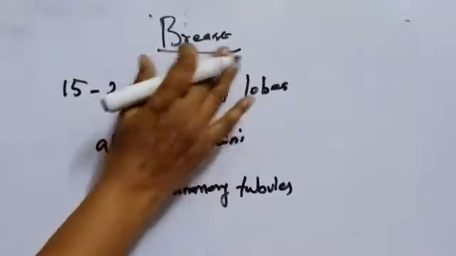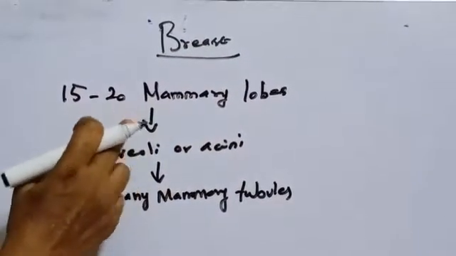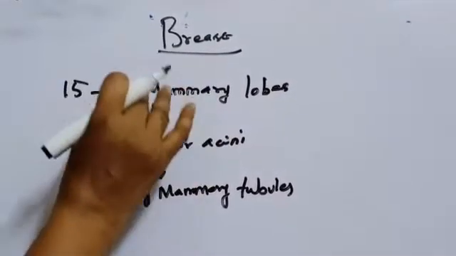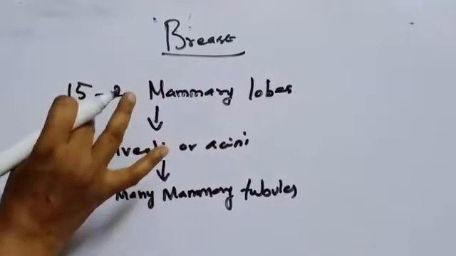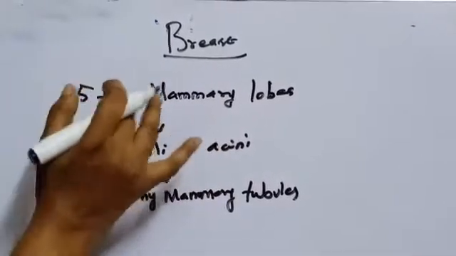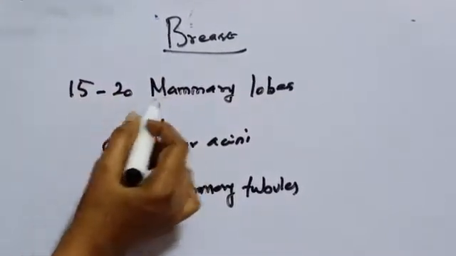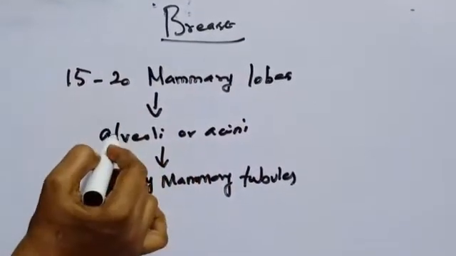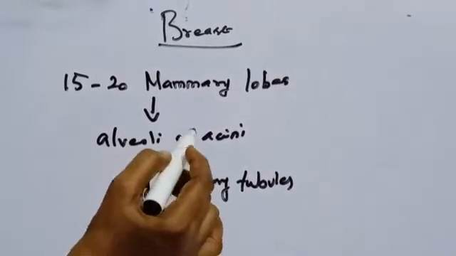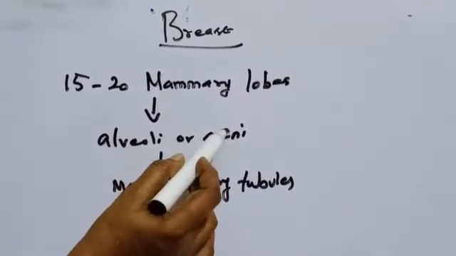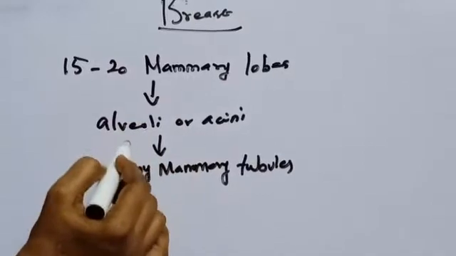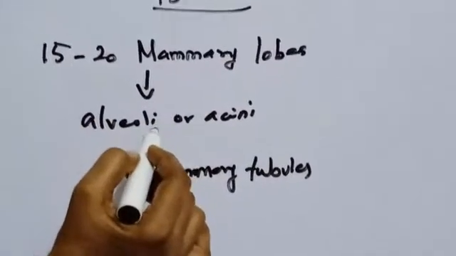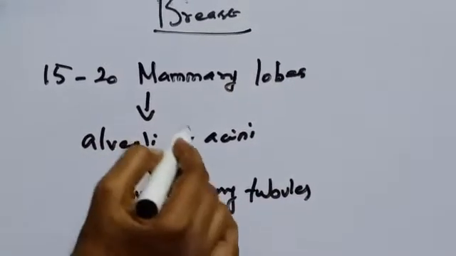Now the breast. The mammary glands are paired structures that contain glandular tissue and also a variable amount of fat. The glandular tissue of each breast is divided into 15 to 20 mammary lobes. These mammary lobes contain clusters of cells called alveoli or acini. The cells of alveoli secrete milk, which is stored in the alveolar cavity.